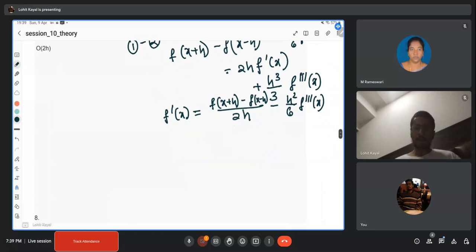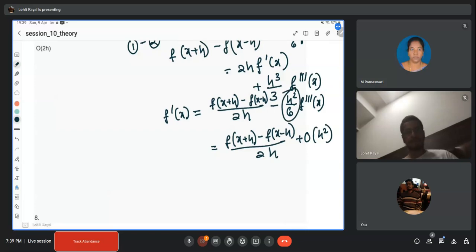So what is the order of the error? The order of the error will be f of x plus h minus f of x minus h over 2h, plus order h square because of this term.